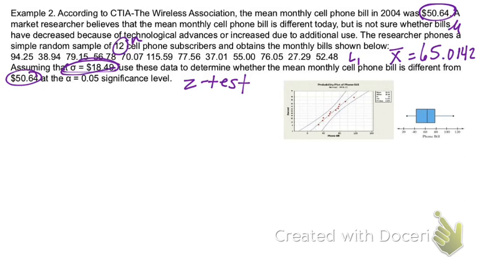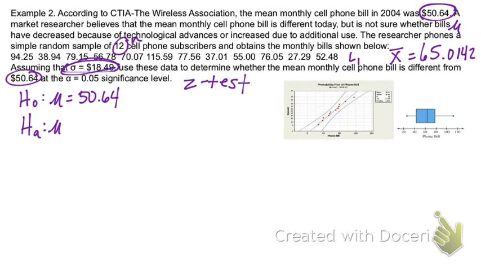So everything is still exactly the same, except now our conditions, instead of saying that my sample size is greater than 30, we now talk about the box plot and the normal probability plot. So let's backtrack. Let's go through the hypotheses first. My null hypothesis is what? Mu equals 50.64.